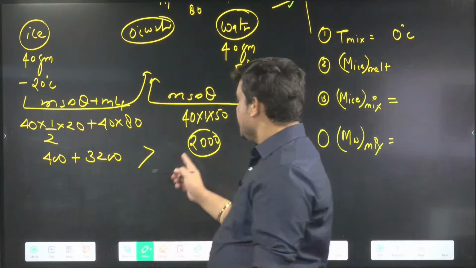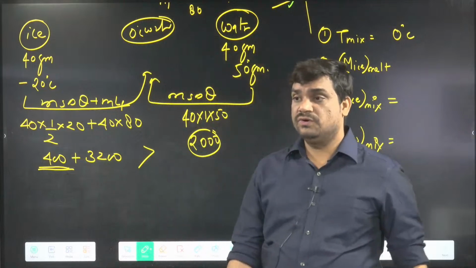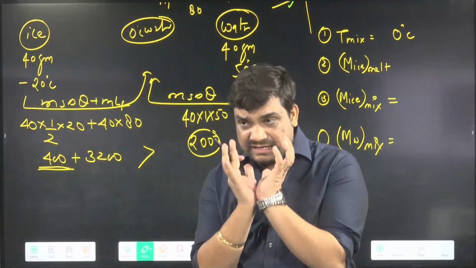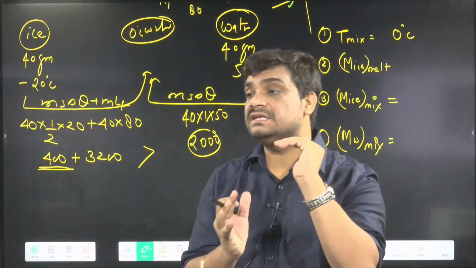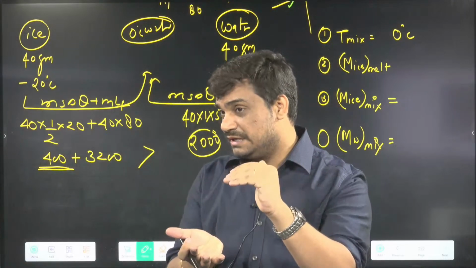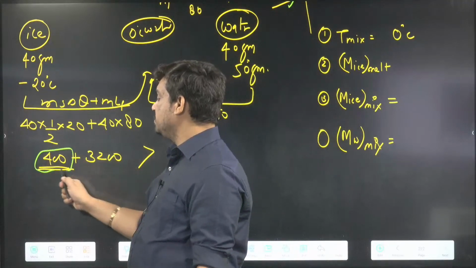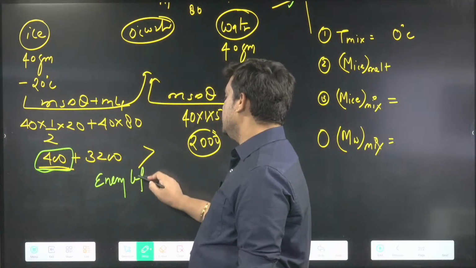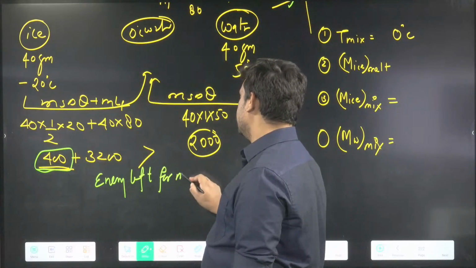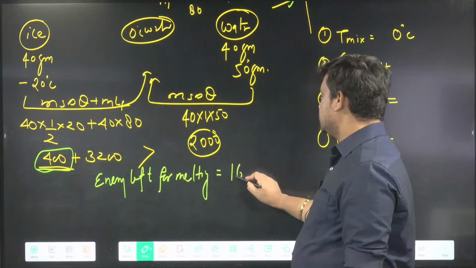Now out of 2000, 400 is used for increasing temperature, because ice will be ready to melt only at 0 degrees Celsius. So 400 is consumed for increasing temperature. So energy left for melting is 1600 calorie.